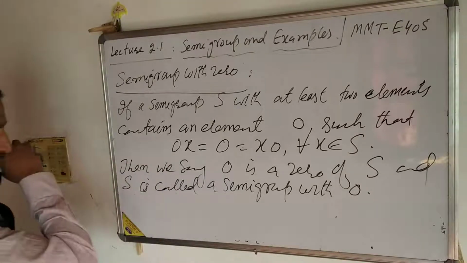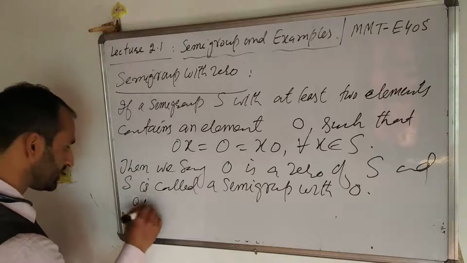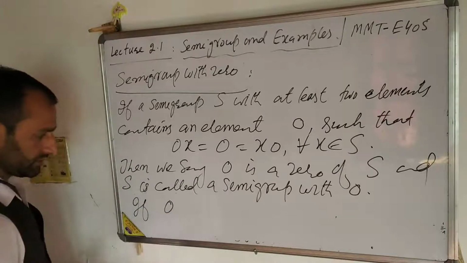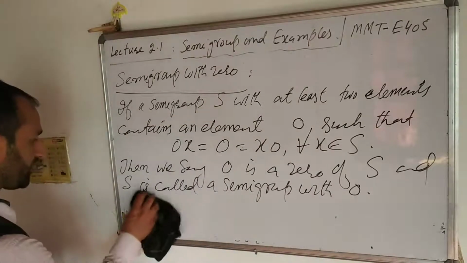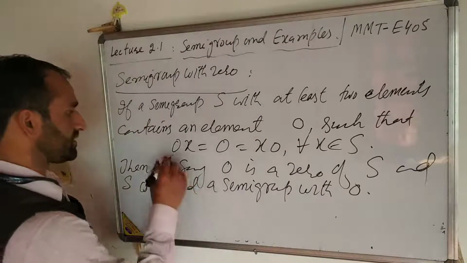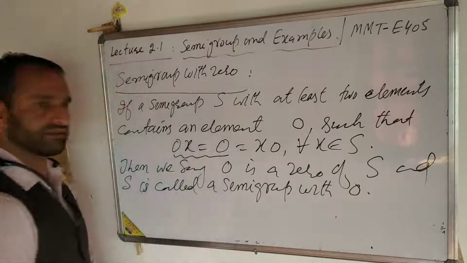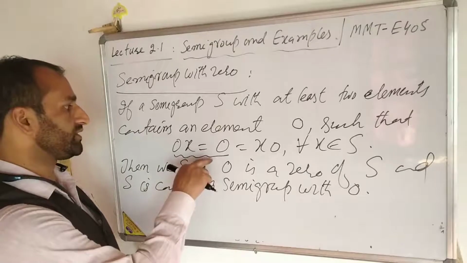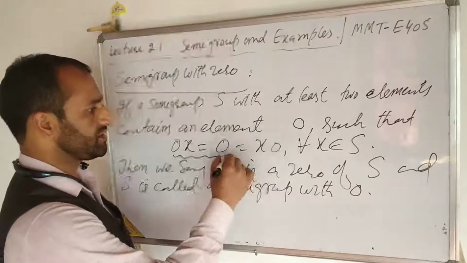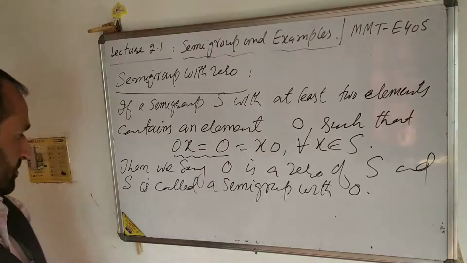So now suppose it satisfies only this equation, then this element 0 is called the right 0. If it satisfies the other equation, then it's called left 0.